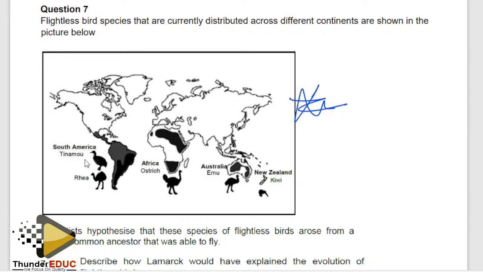Why should you use giraffes when they said flighted birds? Don't use giraffes. Make sure that you use what is given in the question. Yes. All right. Let's start.